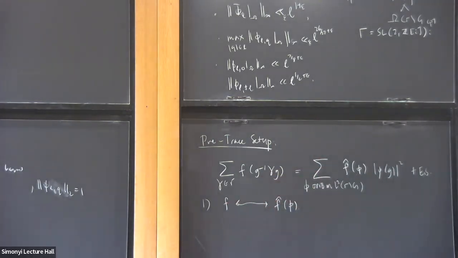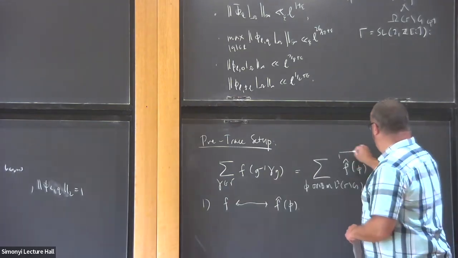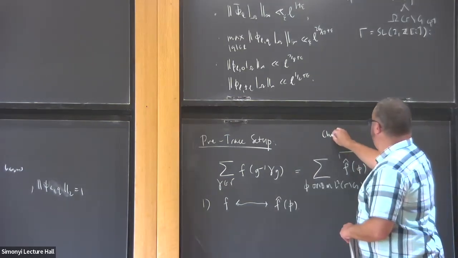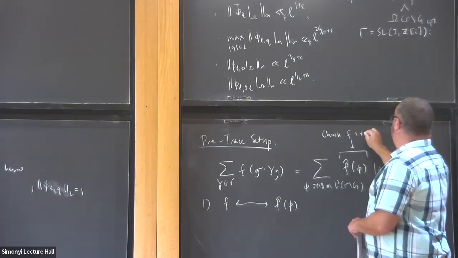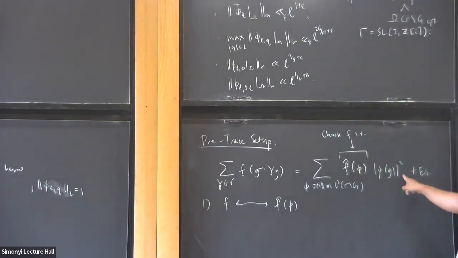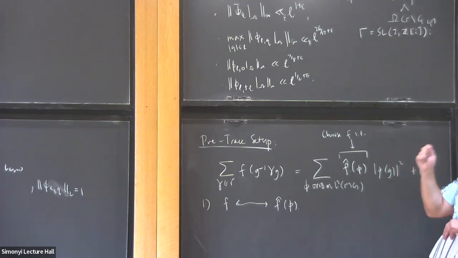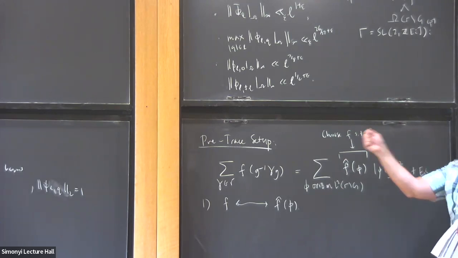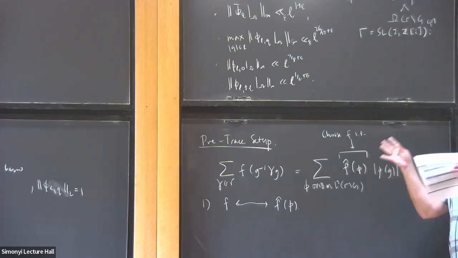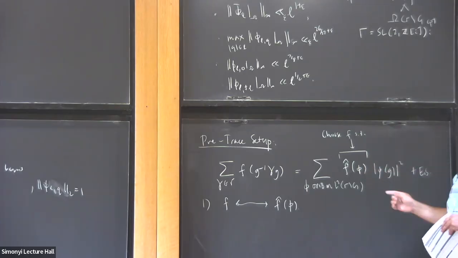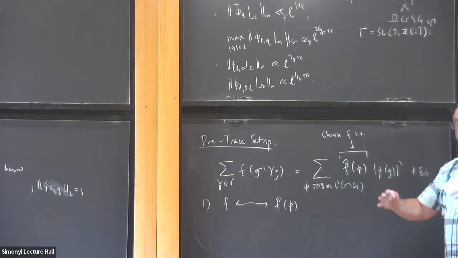Because what you want to do in practice is you want to choose your f, so that this is large at your preferred form phi. So the idea is you have one form phi for which you're trying to estimate this. And then for all the other forms, if you get positive values, they're kind of just waste, right? So ideally you would like to isolate your form phi as much as you can.